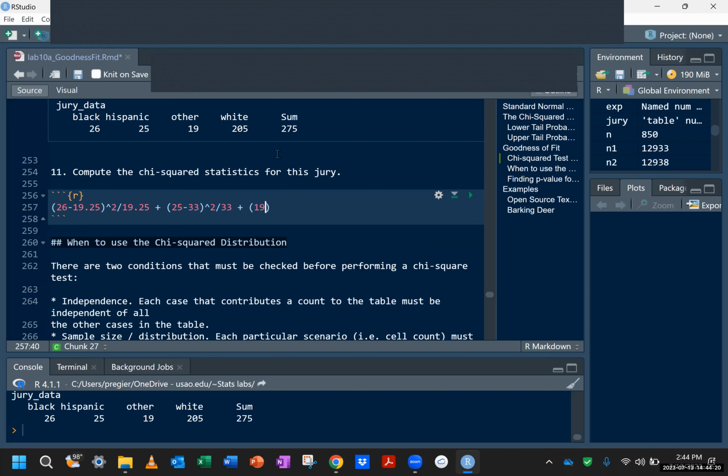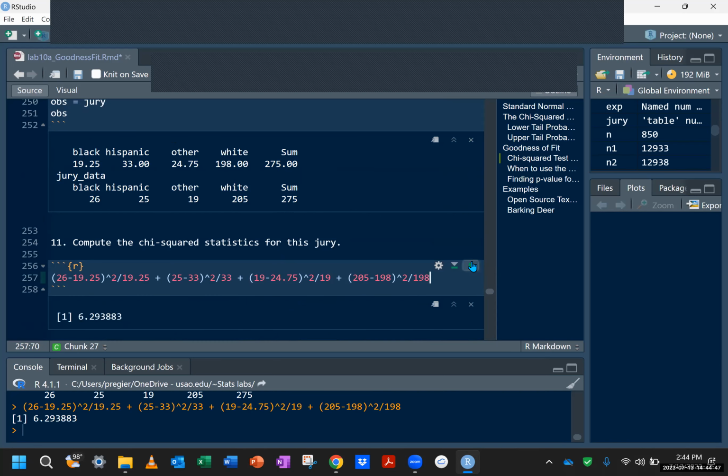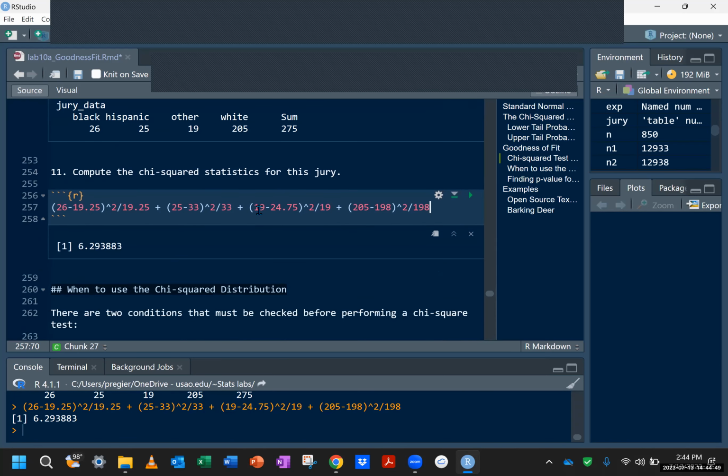There was 19 observed minus 24.75 expected. Square it, divided by 24.75 expected. And then our last category is white. We observed 205 minus 198 expected, square it, divided by 198 expected. So that'll be our chi-squared statistic.